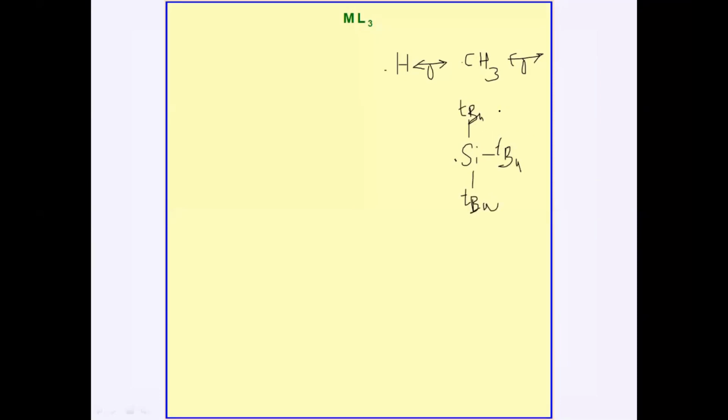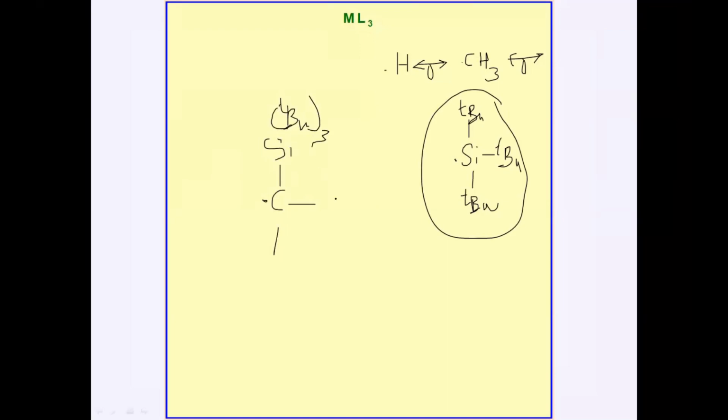This group is so bulky. If you try to bring a bulky group in that place of CH3 itself, if you try to bring one silicon group with t-butyl 3, if you bring these groups very close to each other, then you will feel that this is sterically hindering.